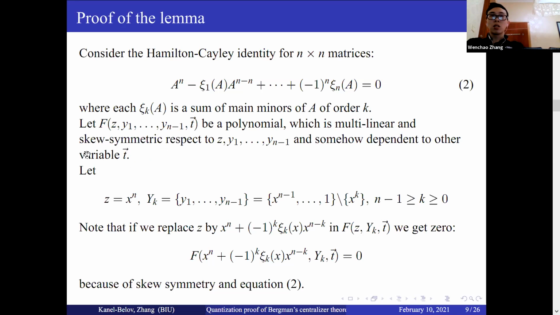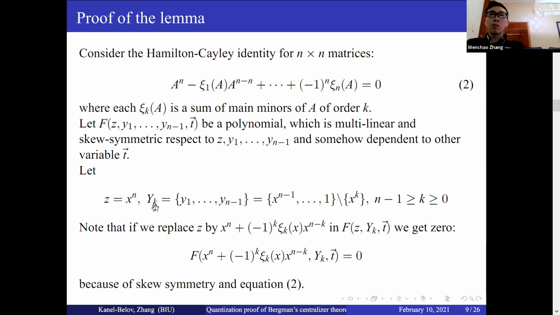We use a vector here because we did not know the dimension of t. Let z be x_n and y the set y1 to y_(n-1), and we rewrite it as x_n, x_(n-1), ..., x_1. So here we have n entries, and we just get rid of one of these x_k.